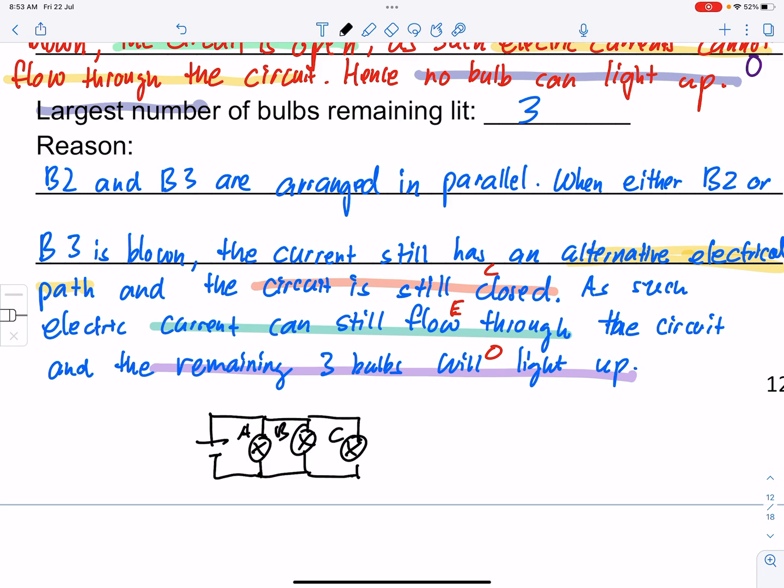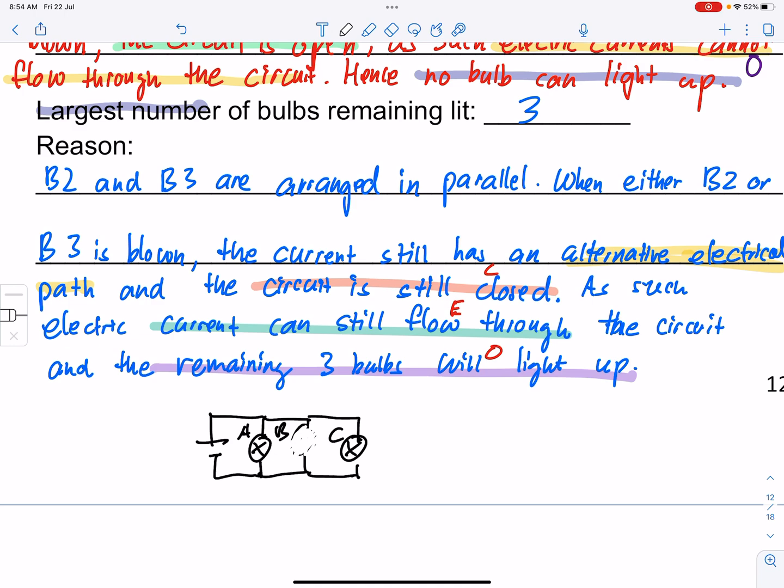This is a bad drawing because they have gaps and I didn't use a ruler. So for example, they ask you, bulbs A, B, C were lit up, but then bulb B blew. What will happen? Explain your answer. In this case, if bulb B blows, you would say that bulbs A and C remain lit up.